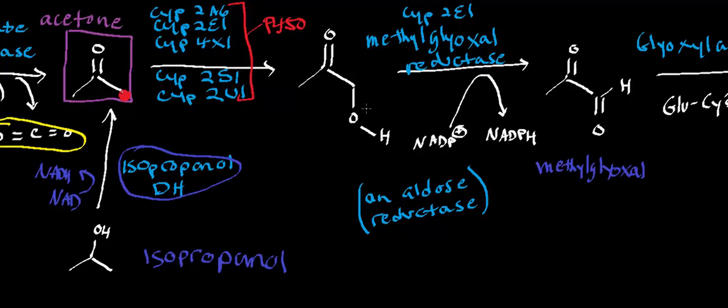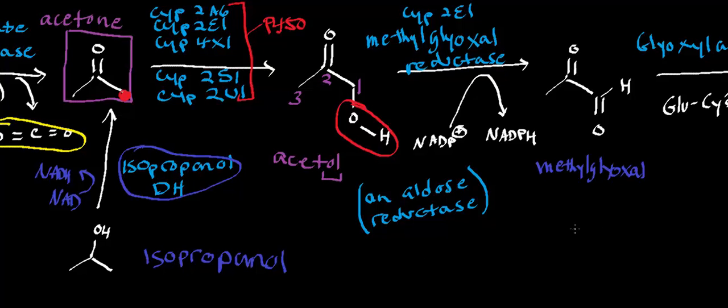Specifically, they're going to add this hydroxyl group onto acetone, and they generate this molecule, which is called acetol. The "ol" in the name is derived from the fact that it has an alcohol now. If you look at carbon number 1, 2, and 3, position 1 now has an alcohol. So this is called acetol.